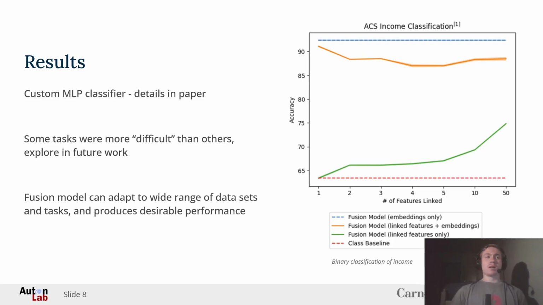So it's maybe for future work, but it goes to show that maybe this could be used in identifying how much work needs to be put into a certain data set or data sets in order to produce a model that is deemed effective. But all in all, this fusion model can adapt to a wide number of data sets and tasks, and it produces desirable performance.